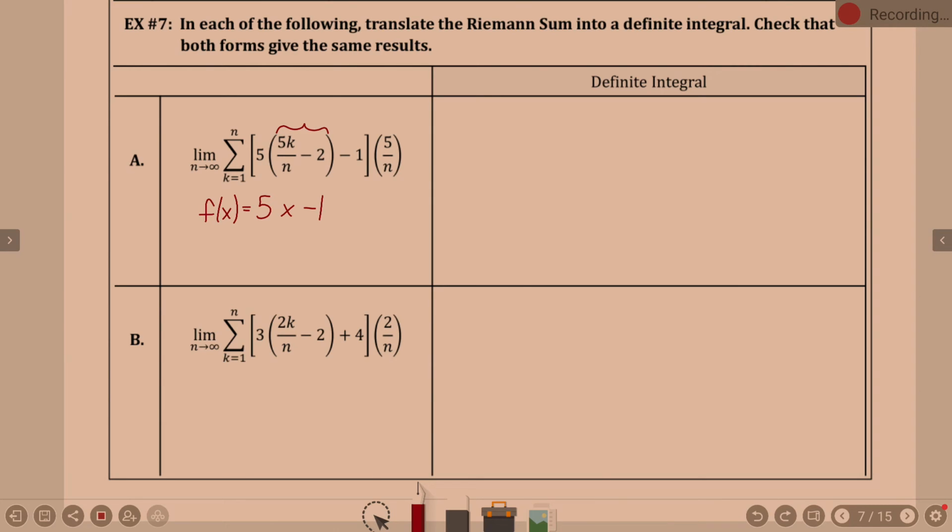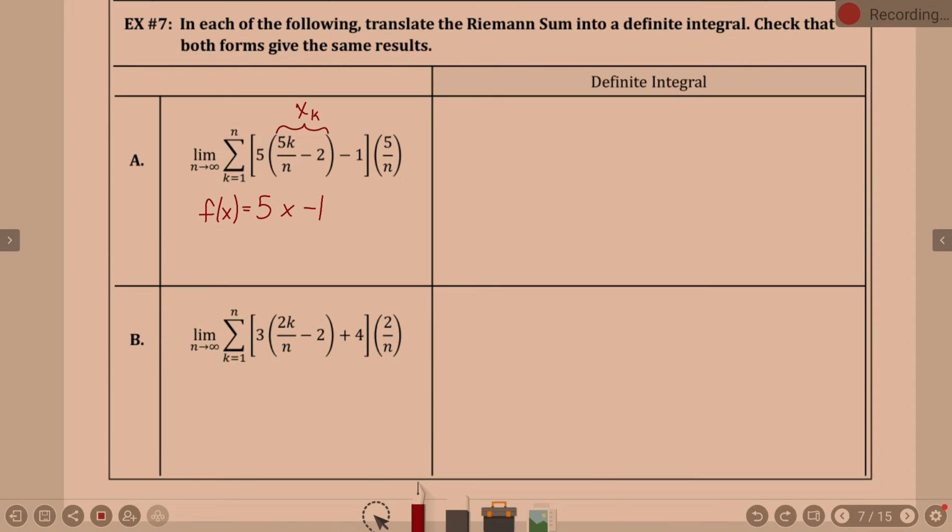This is x sub k. You see that? That messy thing plugged in is probably your x sub k. If we pull that 5k over n minus 2 out, then you can see it's 5 times something minus 1. So the basic 5x minus 1, and that thing I pulled out is the x sub k, right?